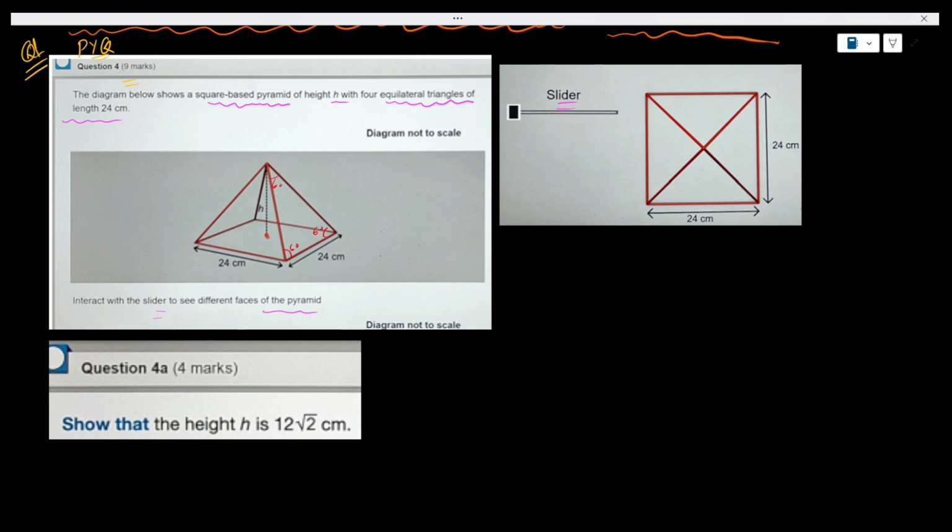I can take the slant height, which is in the middle, and call it S1. The half of 24 is going to be 12. So S1 squared equals h squared plus 12 squared using Pythagoras theorem.